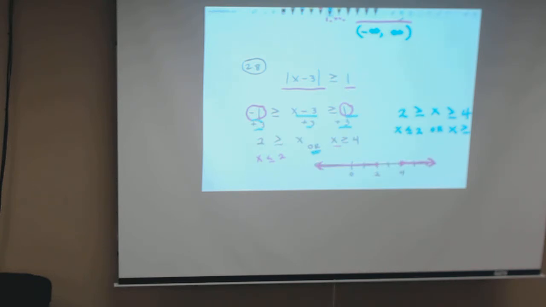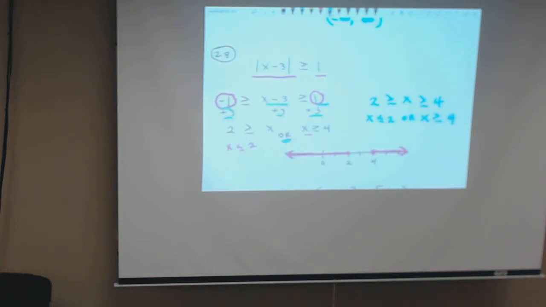And then when they get to the end, then you go, well, if 2 is greater than or equal to x, then x is less than or equal to 2. Or x is greater than or equal to 4, and that's when I would put this and go to the right, or this and go to the left.